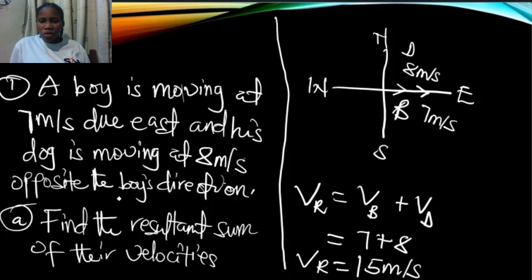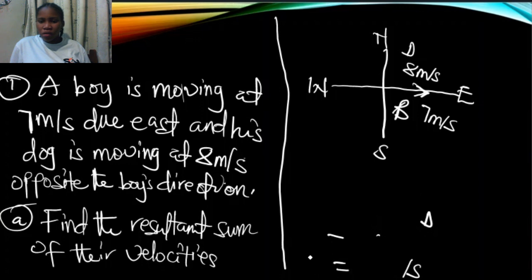So now the dog is moving opposite the boy's direction, meaning over here. Let's clean this. Meaning over here, the dog is moving in this direction, 8 meters per second.